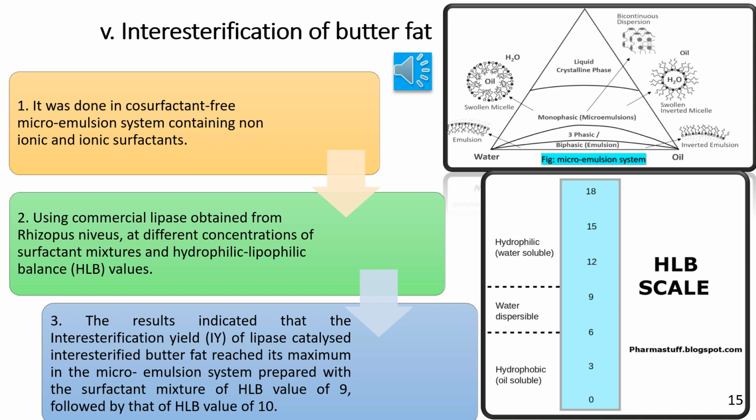Our results indicate that the interesterified yield of lipase catalyzed interesterified butter reaches a maximum value in the microemulsion system that was prepared from surfactant mixtures with HLB values of 9, followed by HLB values of 10.